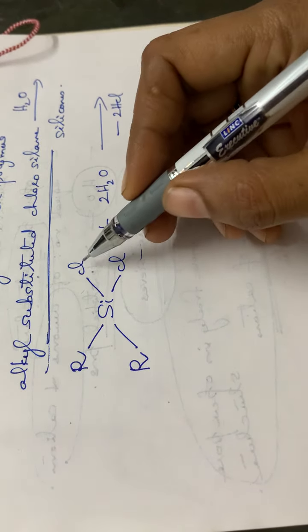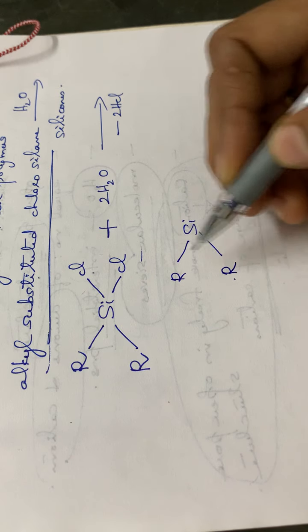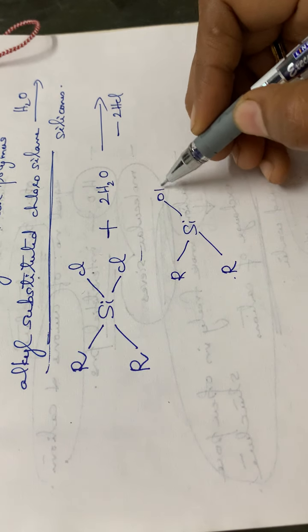So here the Cl is replaced by OH: R2Si with two OH groups.